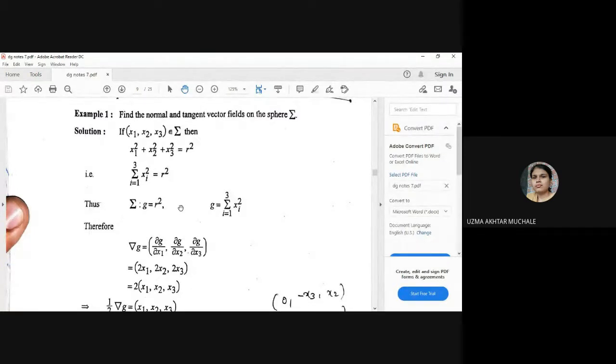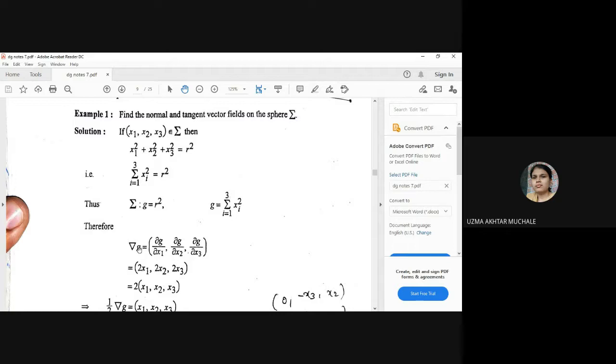In another way we can say x1 square plus x2 square plus x3 square, and in this way we can write the equation of a sphere using the summation. Here we can write g equals r square.